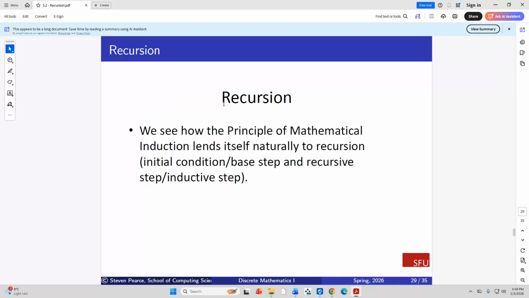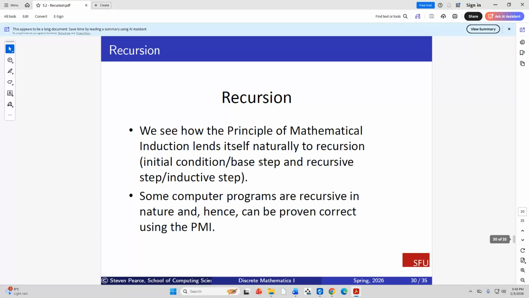Okay, recursion. We see how principal mathematical induction lends itself naturally to recursion. We can see that recursive sets can be proved, their closed form expressions, by mathematical induction. Also, some programs are recursive, and therefore you can use mathematical induction to prove them correct. But this is so limited.